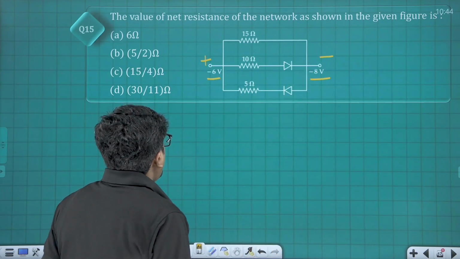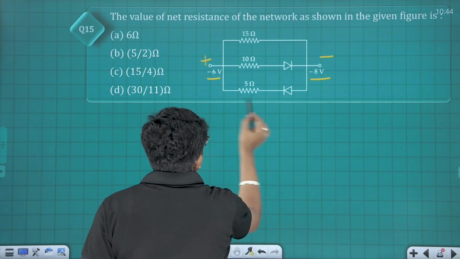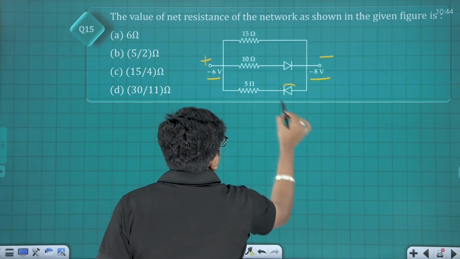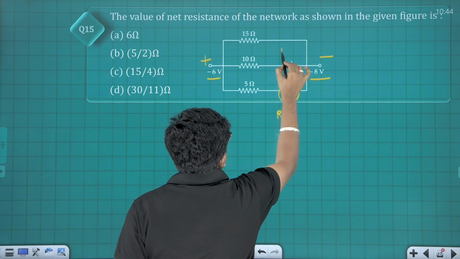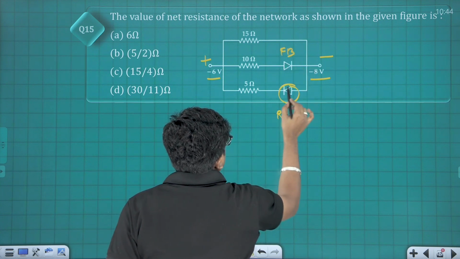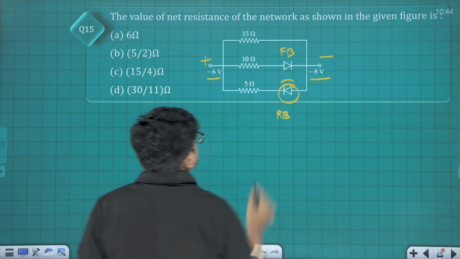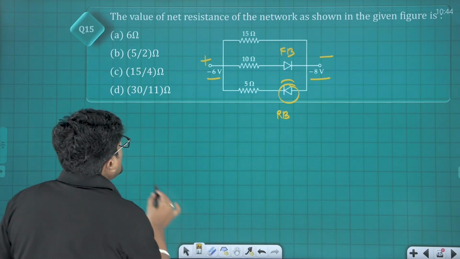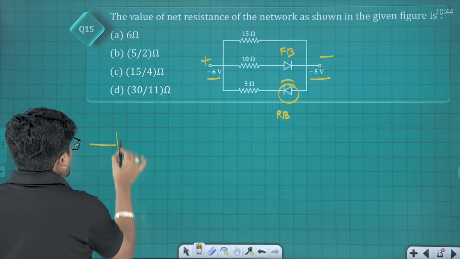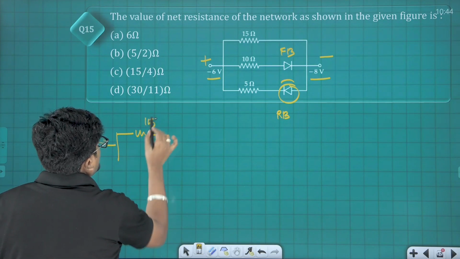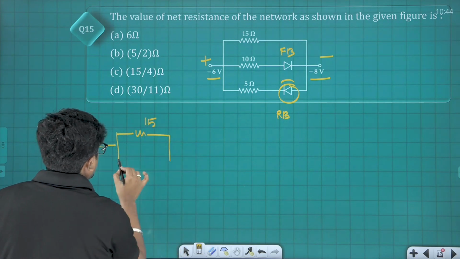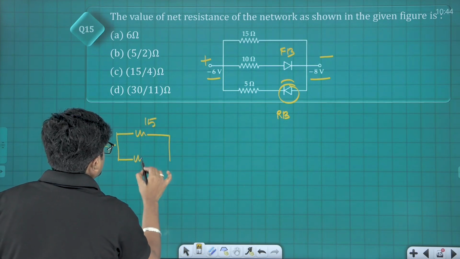Alright, and if here this is positive, this is reverse biased and here this is forward biased. So here this is going to act as an open circuit. Okay, now I can redraw the circuit as here this is going to be 15 and here this is going to be 10.